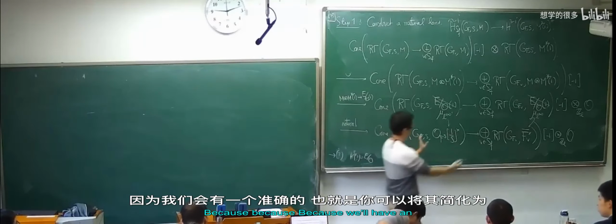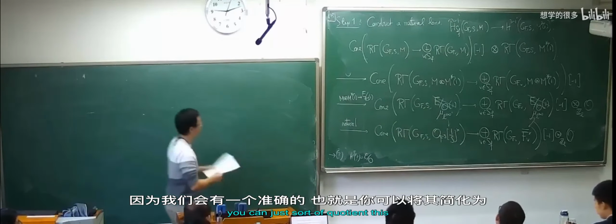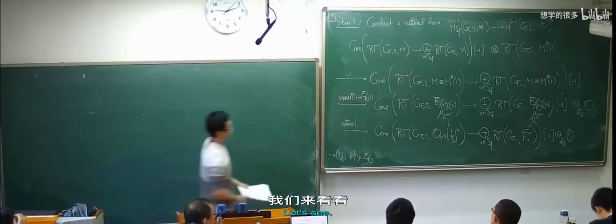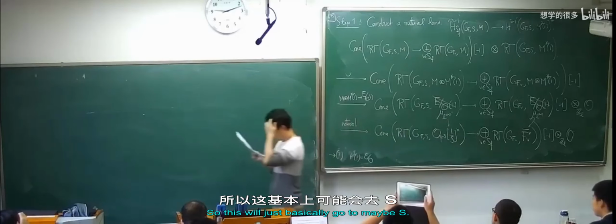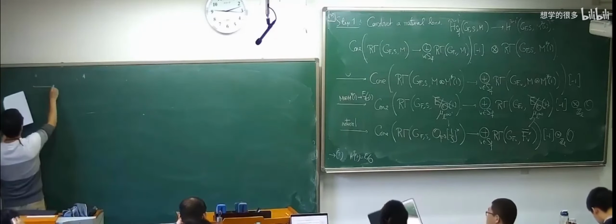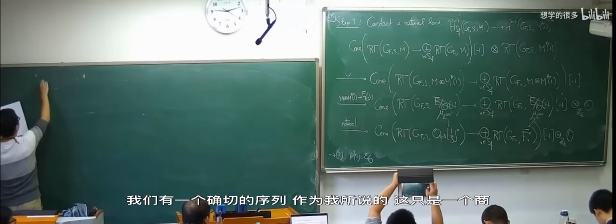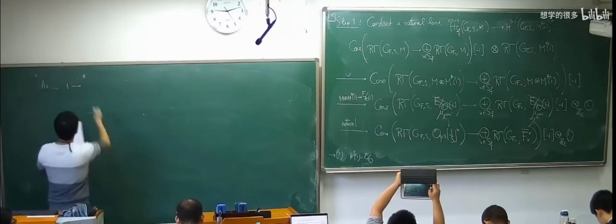Because we'll have, you can just quotient this into here. Let's see. So this will just basically go to maybe S. We have an exact sequence S. This is just the quotient. I don't know how to write it.